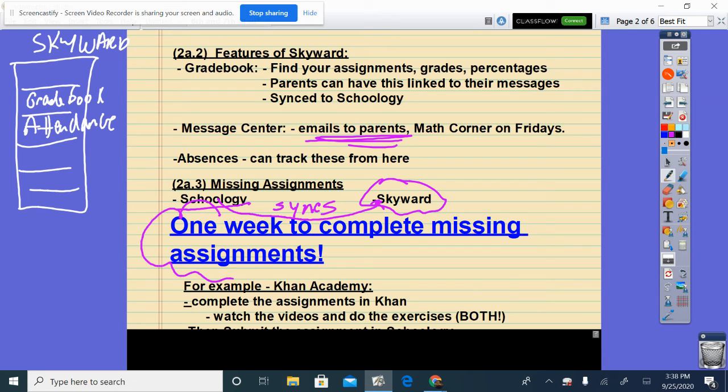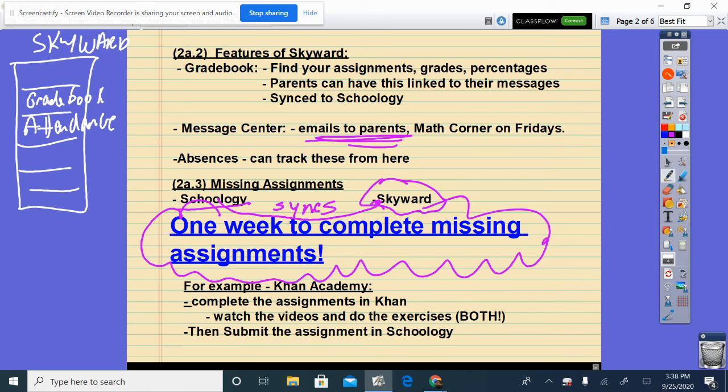You'll have the next week from today, that would be October 2nd, to get in your late assignments that have been assigned since the beginning of the school year. And also, when we're talking about assignments in Khan Academy, students need to understand it's not synced or connected to Schoology.